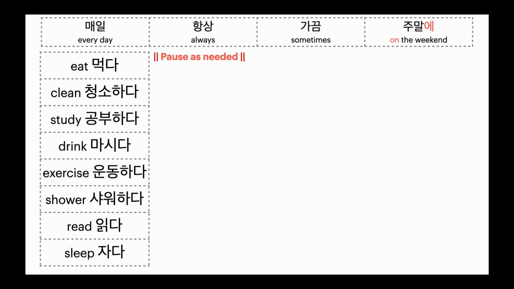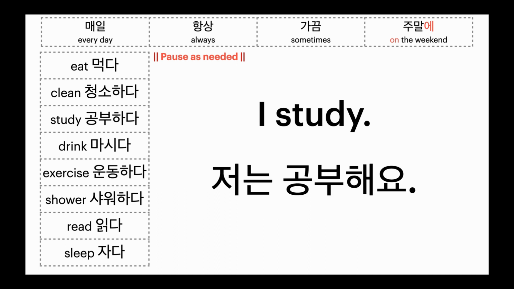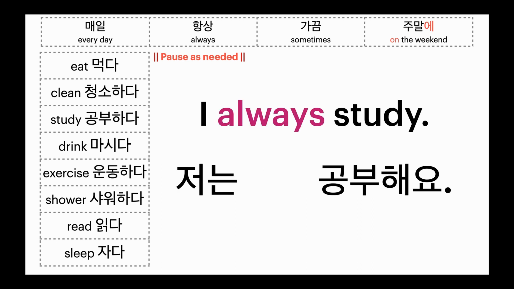Let's go ahead and start with I study. 저는 공부해요. I always study. 저는 항상 공부해요. And for the rest of the sentences, let's just go ahead and take out I to keep this a little bit easier.